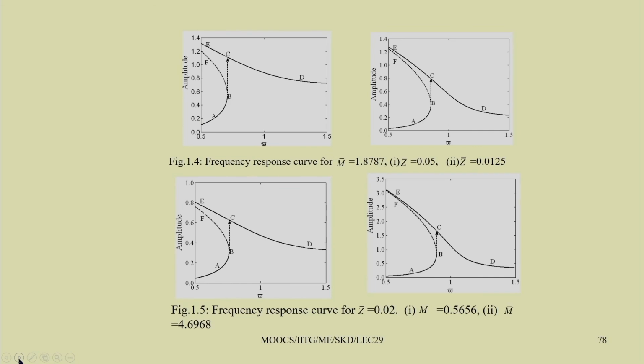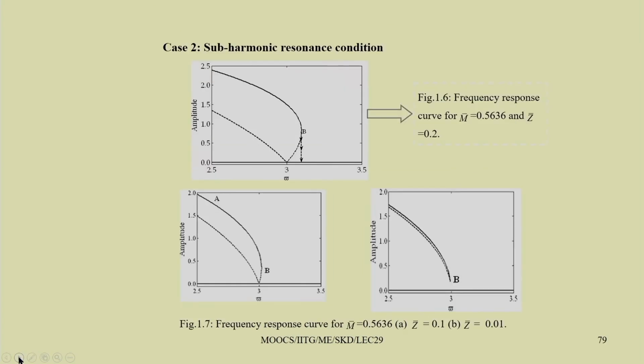By changing the system parameters, for example, you can take different mass ratio and also different amplitude of excitation, and one can plot. There will be only change in these bifurcation points, and one can get the required result by properly finding the system parameters.